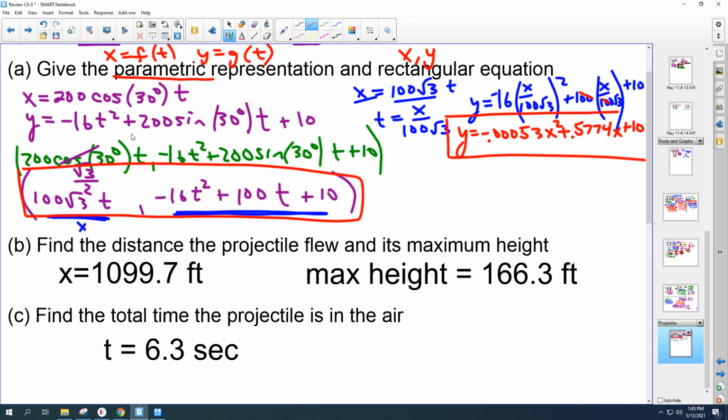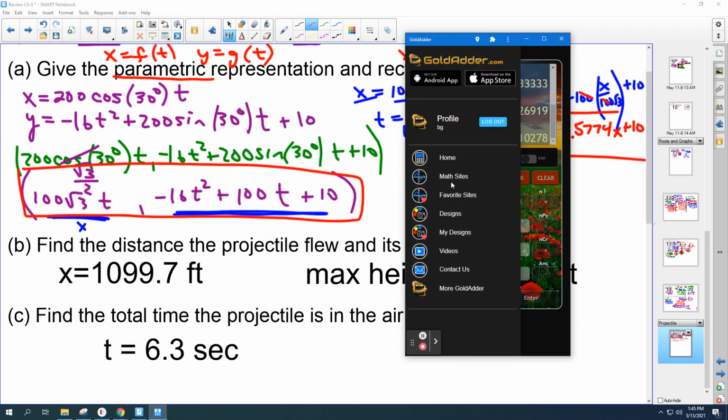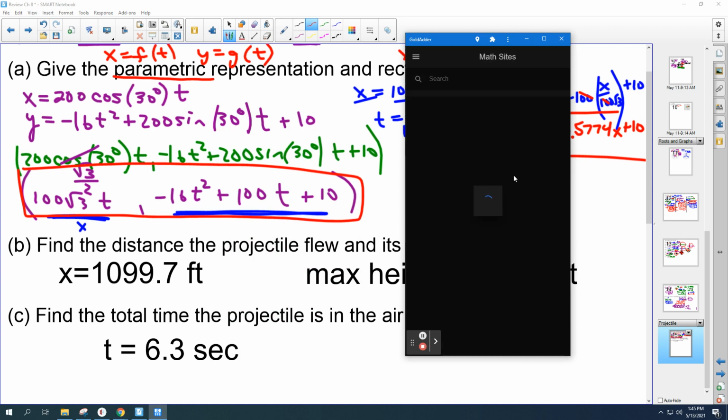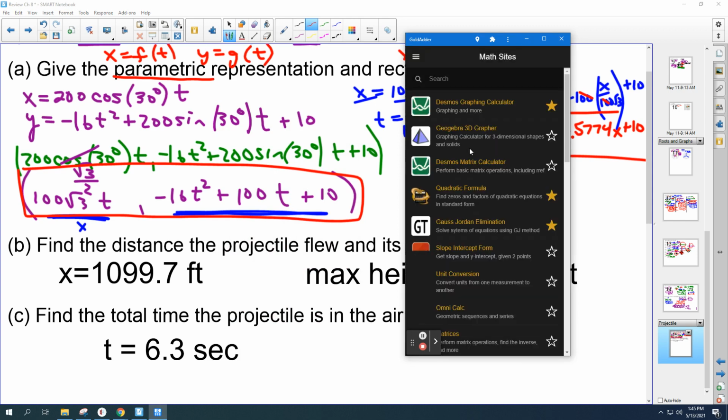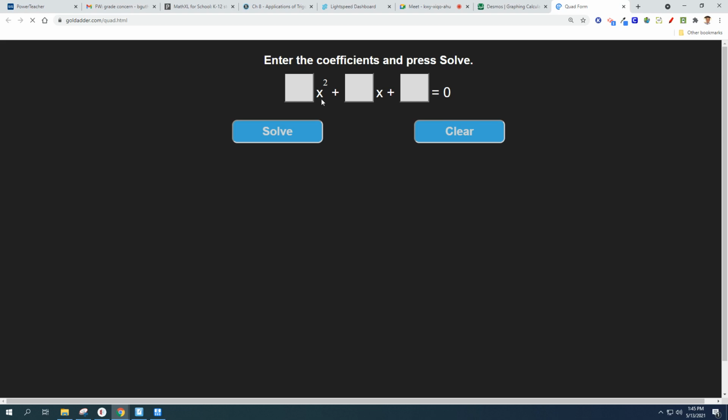I suppose we could even do this if we took this equation and plugged it into a quadratic formula calculator or just the quadratic equation. So check it out. We've got a couple of different ways to do this. Quadratic formula, negative b plus or minus square root of b squared minus 4ac all over 2a.